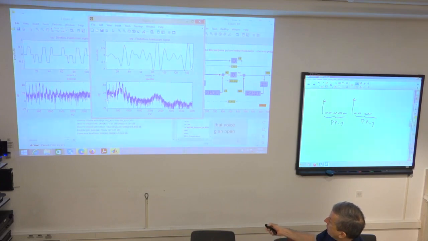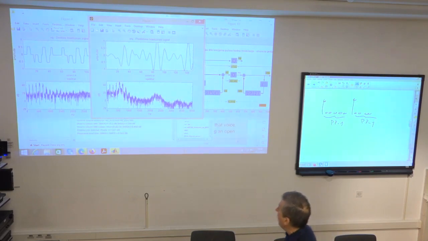So I have this first formant, second formant, also the third formant, and I have the periodic structure maybe in this part of the spectrum. It is a bit lost in the upper part, but nevertheless, this spectrum sounds much more natural than the direct quantization with the same entropy.